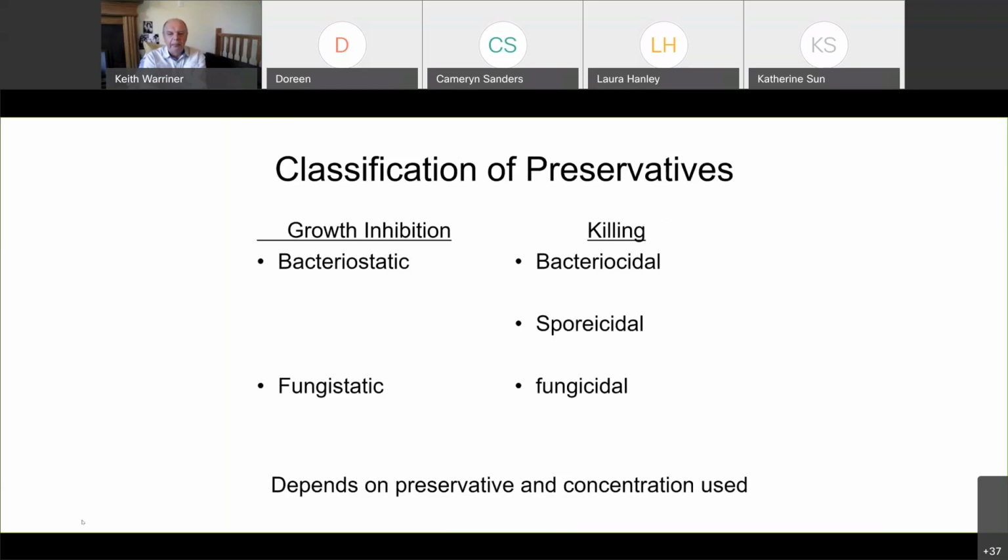So when you're looking at preservatives, you've got to ask, are you inhibiting or are you killing? If you're inhibiting, then obviously you might need a kill step, a pasteurization step. But if you're killing, then that would constitute a pasteurization step. So it all depends on the type of antimicrobial and also on the concentration.